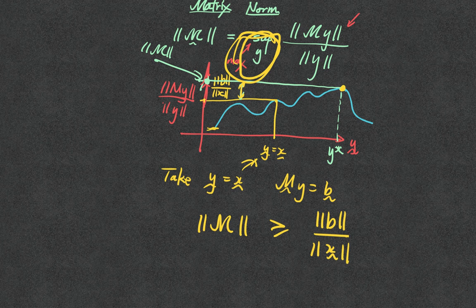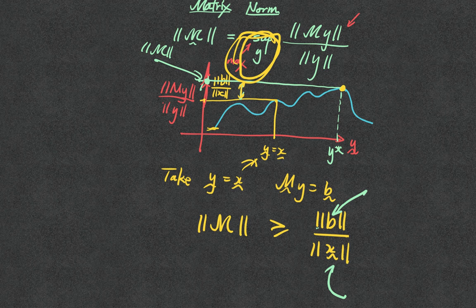Okay, so now let's go back to that idea. Do you see that I have a b here and I have an x here and y, and then the norm of b divided by the norm of x? What does that tell you? It tells you that if I change b, what is the change of x, and vice versa, right? This gives you the ratio of the b vector and x vector.